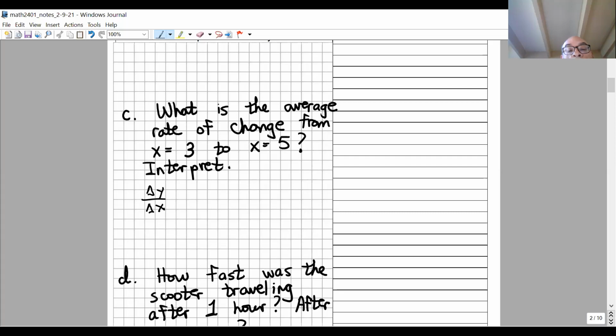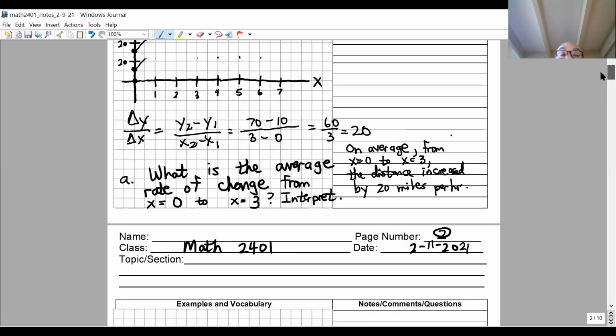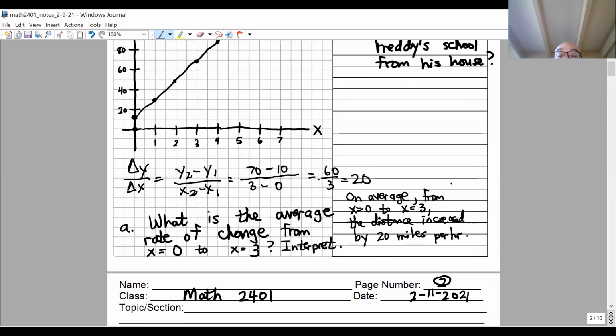You can go through the calculations in the formula if you want to, but you're going to come out with 20 again, the same value. There's really no reason to go through the calculations because this function is a straight line.